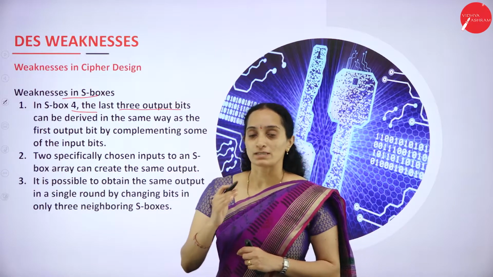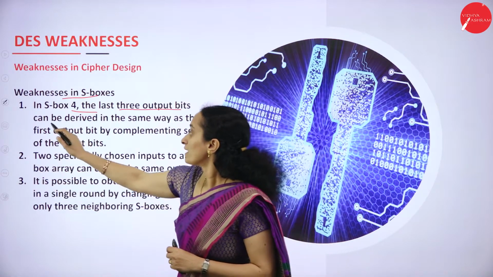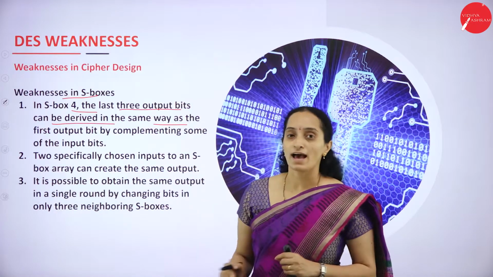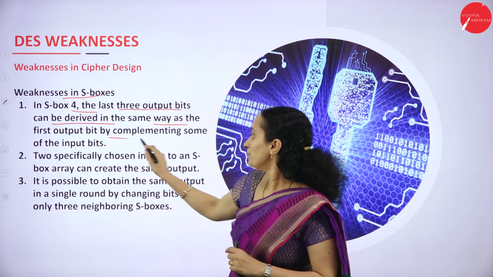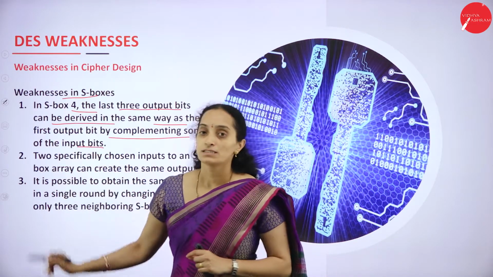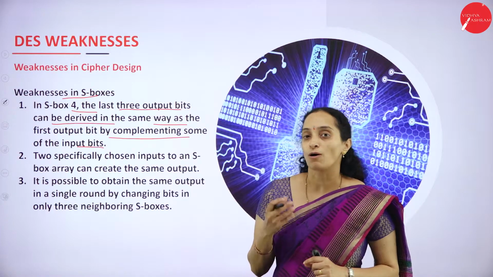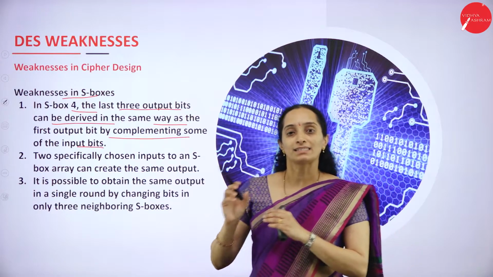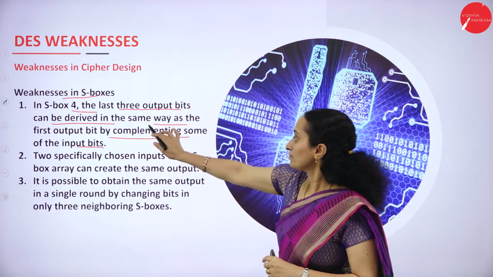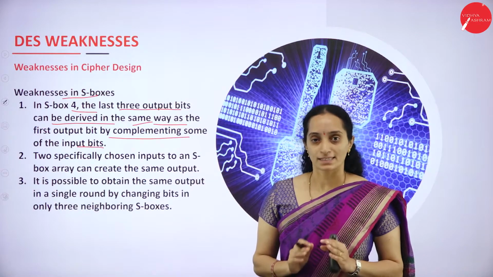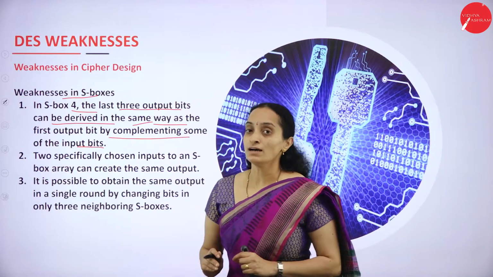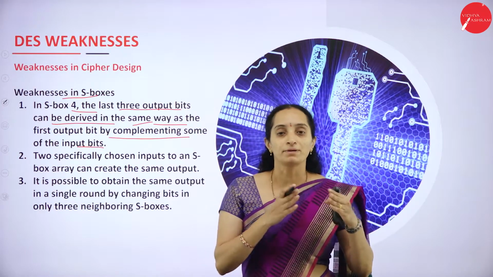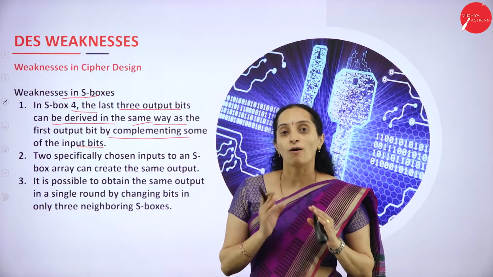The last 3 output bits can be derived the same way as the first output bit, by complementing some of the input bits. If you complement some of the input bits in the S box, you will get the same output. It will be the same.